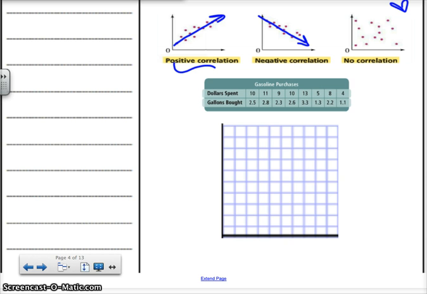I would say the money you spend depends on the gallons you buy. Money depends on how much gas we're putting in. I can put maybe a gallon in and only spend 5, or I can fill my car up and spend more. So dollars spent should be Y and gallons should be X.